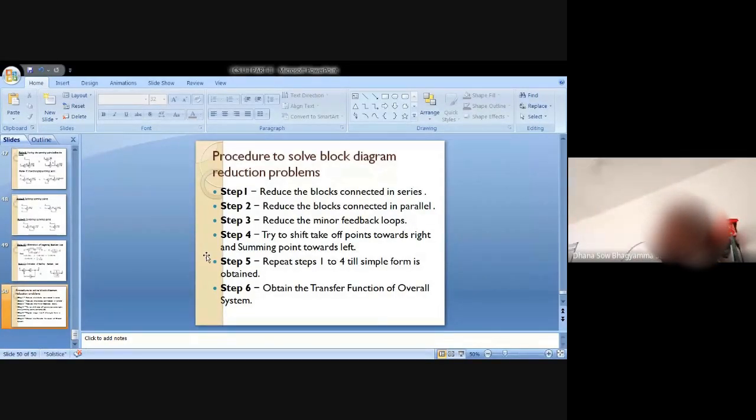Always move the branch point towards the right and the summing point towards the left. Repeat steps 1 to 4 till a simple form is obtained, and determine the overall transfer function of the system. So while solving problems, you must sincerely follow these 6 steps.